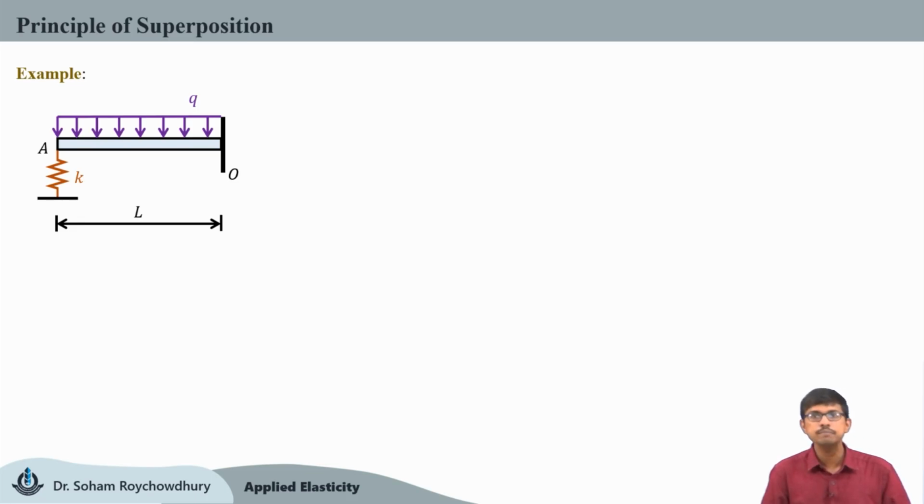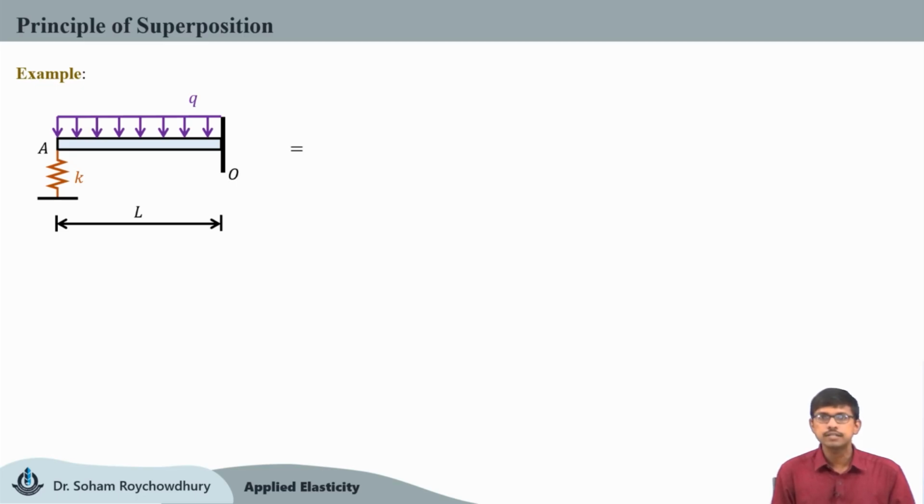Now, using the principle of superposition, we can write this problem as summation of two other problems where we are having only one load acting on the body for each of those two individual problems.